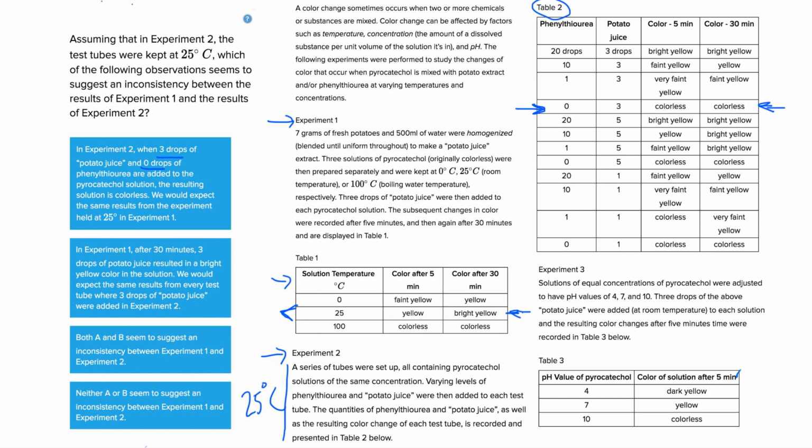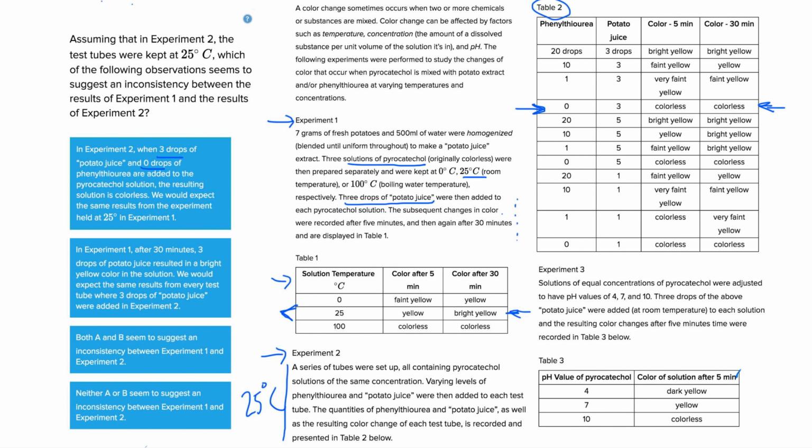So let me double check that. It says that we have solutions of pyrocatechol kept at 25 degrees Celsius. We added 3 drops of potato juice. Okay, so that part's right. And I don't see in here anything about phenolphthalein, so we can assume it was 0 drops. They would tell us if they had added it. So I would say yes, we do.